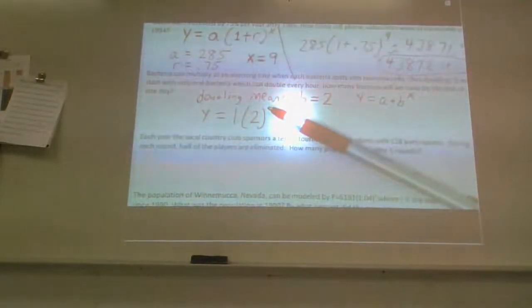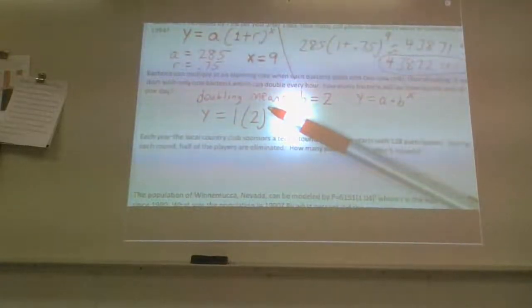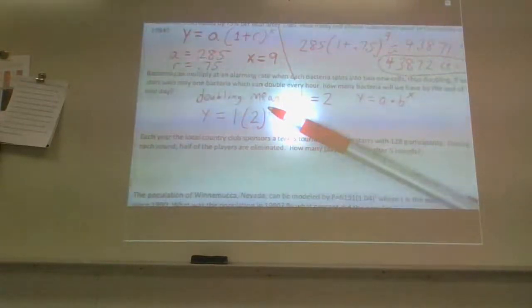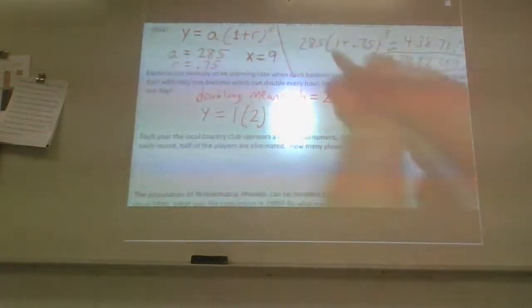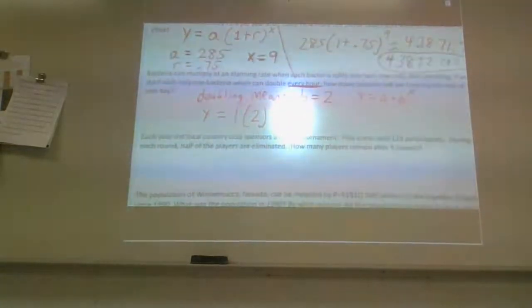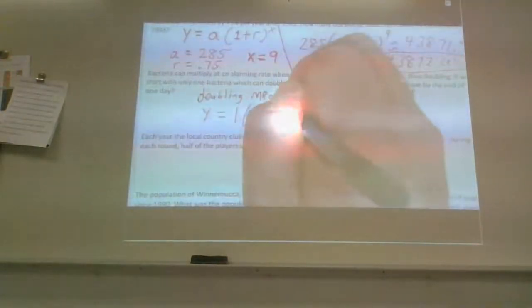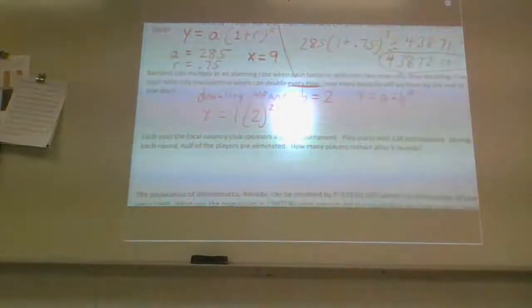Well, it's an hour per day, but why are you measuring the day in hours? More specifically, the rate is set every hour. Not just it, but the rate. The rate is measured every hour. Thus, your time unit needs to also be measured in hours.